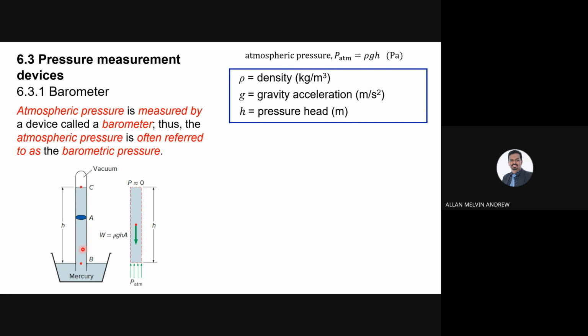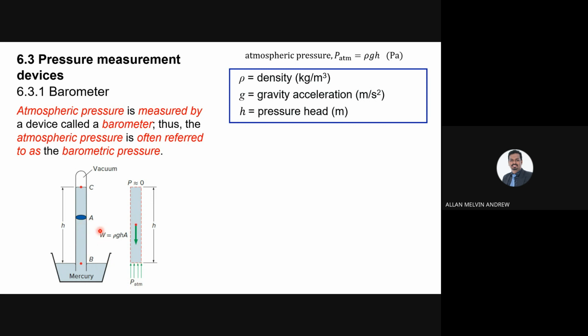Okay, so we will see. That's an area here, from point B to point C. The same concept. You can see there's a vacuum here. Here is supposed to be atmospheric pressure because point B is at the same level as the atmosphere. So you're supposed to have atmospheric pressure, and let's say you have a point here.